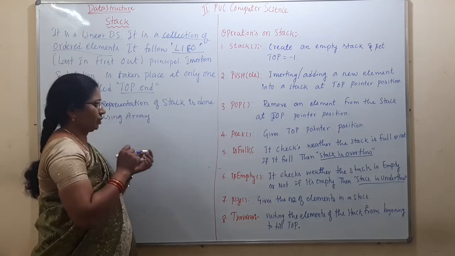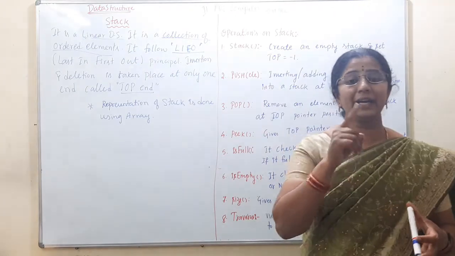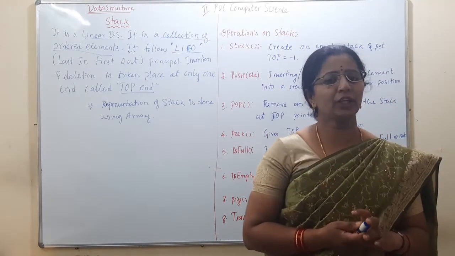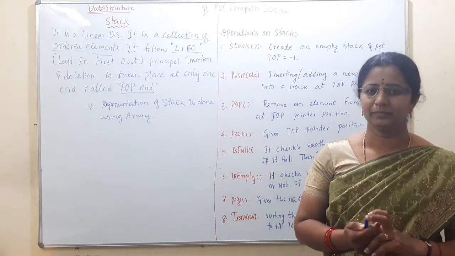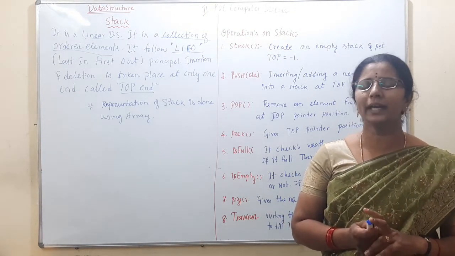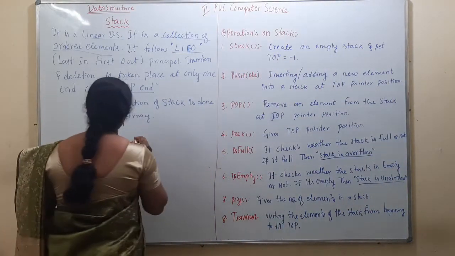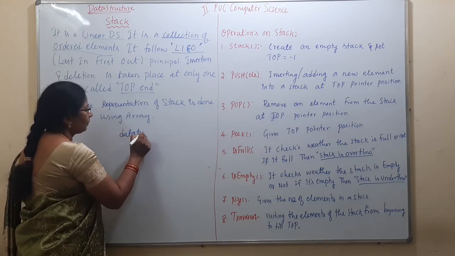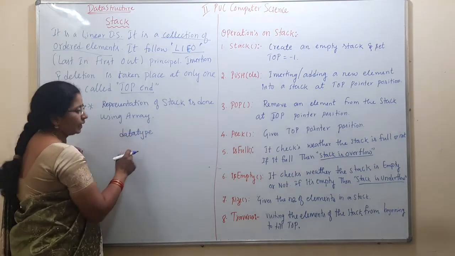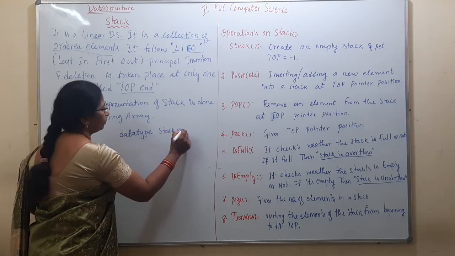Stacks and queues can be implemented using an array. So how will it be created? It will be created using a data type. Instead of an array name, we give a stack name.